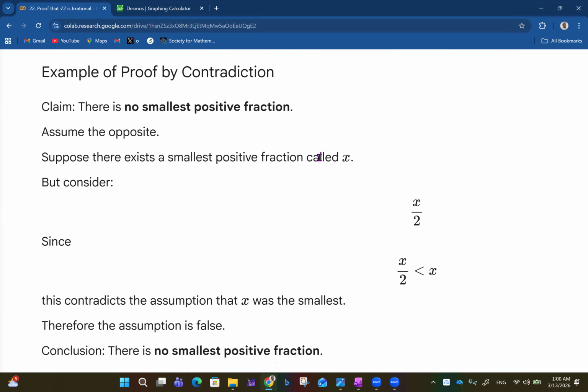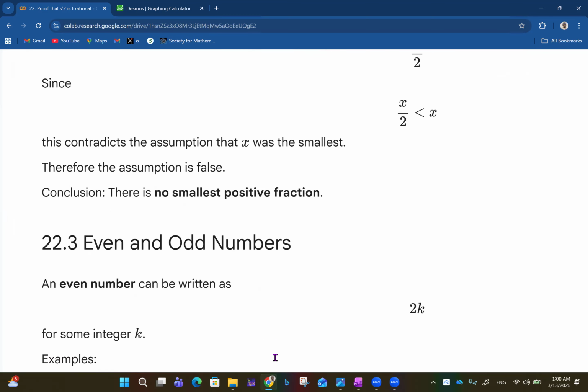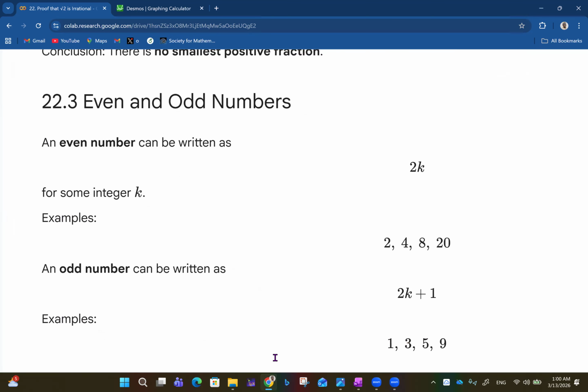So imagine that you have a smallest fraction called x, and then you now have x over 2. x over 2 is surely less than x. So therefore, your assumption is false, and that establishes the fact that there's no smallest positive fraction. So the conclusion: there's no smallest positive fraction, because the contradiction is true.